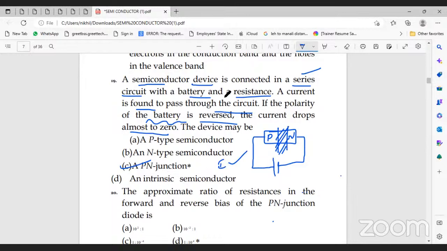Suppose the polarity is reversed, making this negative and this positive, then this becomes a reverse bias. If this becomes a reverse bias, the current has to come to zero, no? So when the current comes to zero when the polarity is interchanged, this circuit will act like what? A diode. Diode means a PN junction.